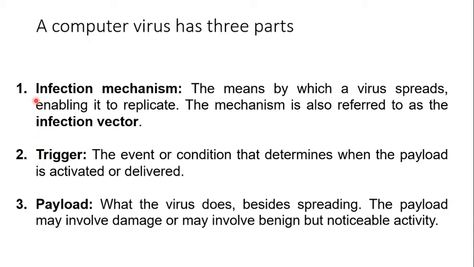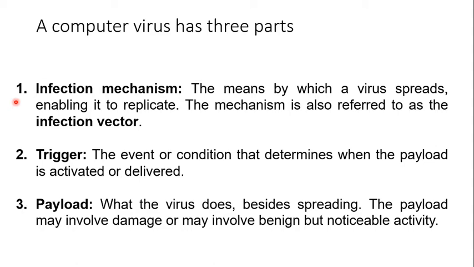Next I'll come to the infection mechanism. As I already said, as soon as your computer virus is executed, two things will happen: it has to infect the computer files wherever it is stored, and it has to replicate.